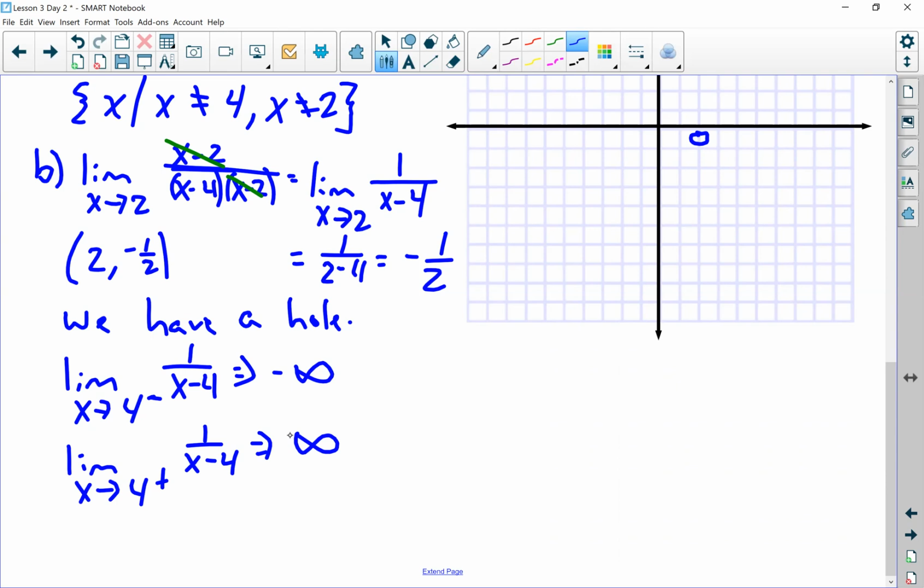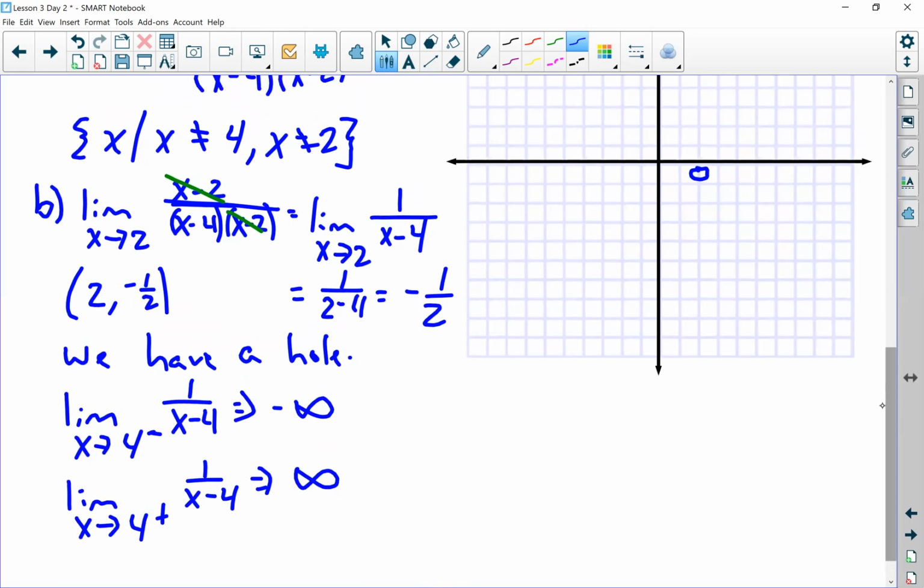This won't always be one positive, one negative. It happens because the denominator is to the first power. It's to an odd power. So this means that at 4, we have a vertical asymptote.